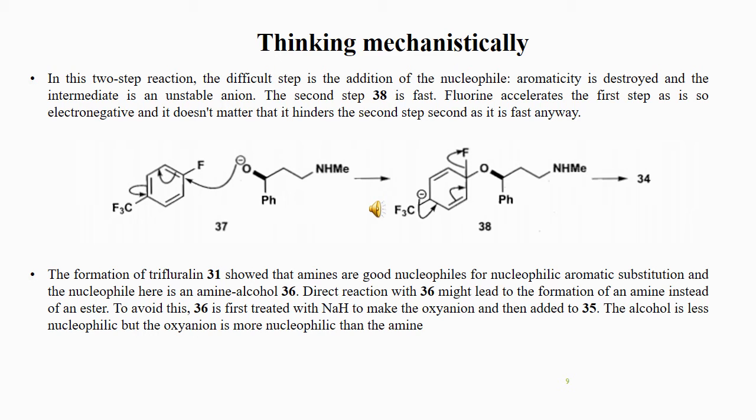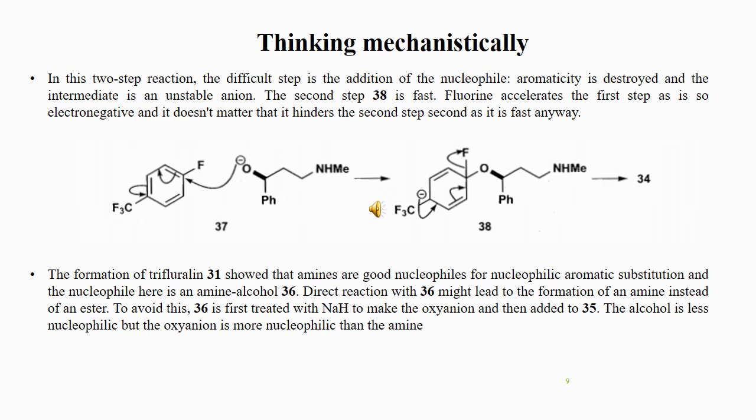The intermediate formed is an unstable anion, but due to the electron withdrawing effect of fluoro, it will be less unstable if there is a fluoro substituent.